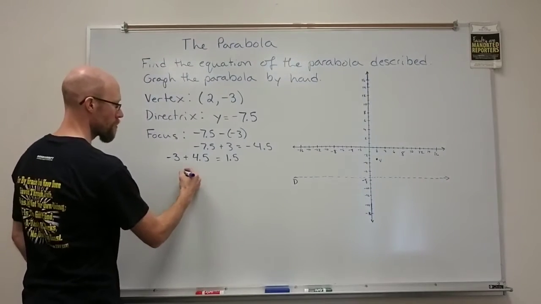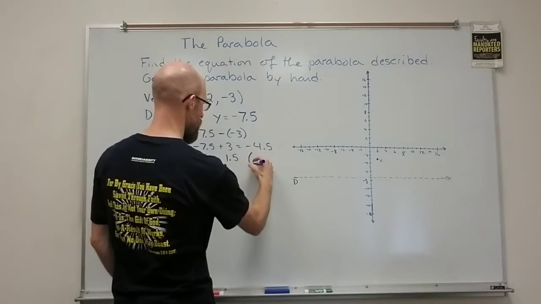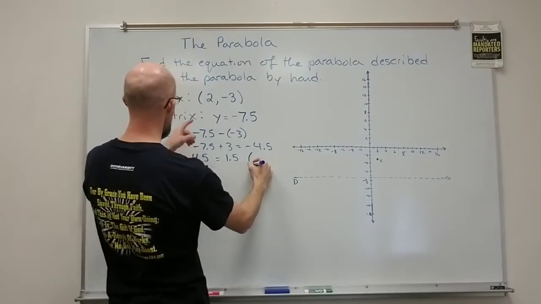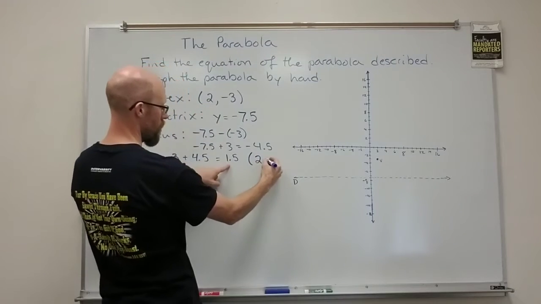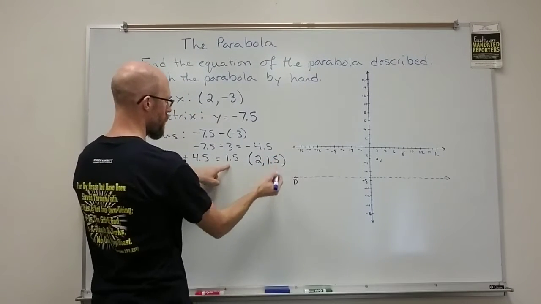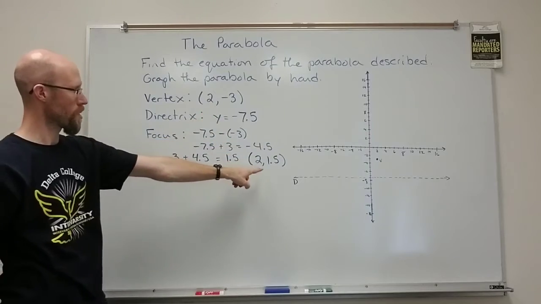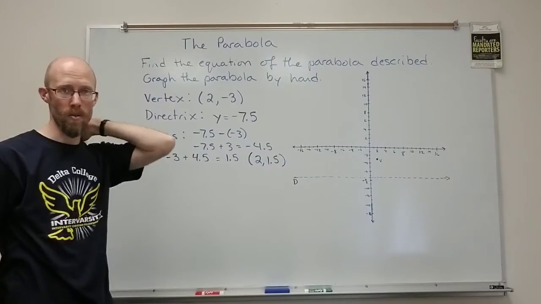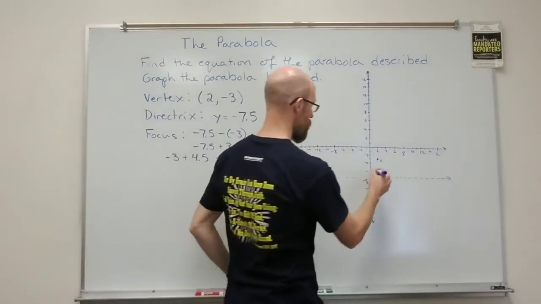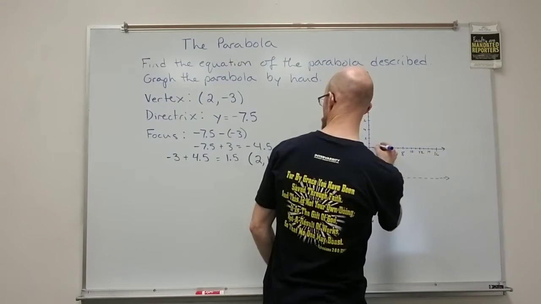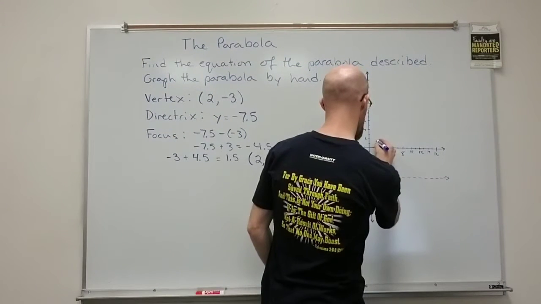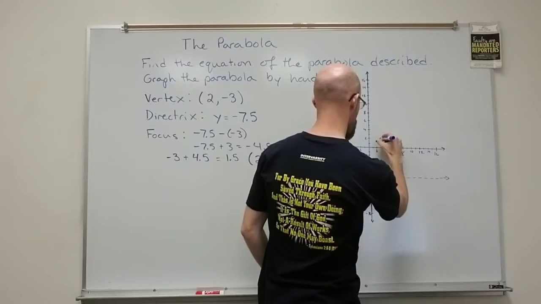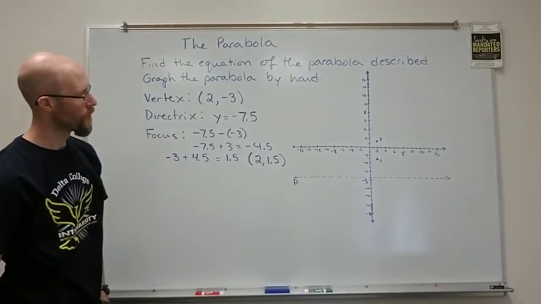So that would tell me my focus is actually at the coordinates (2, 1.5). Again, same x value as the vertex, and then this new y value is what we're looking for. So 1.5 units up. That's pretty close. We'll call that the focus right there.